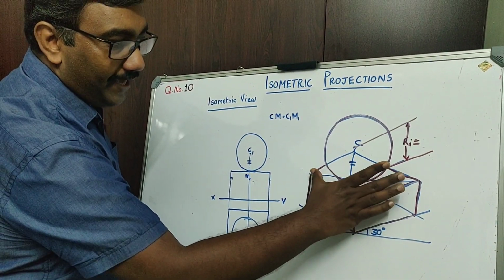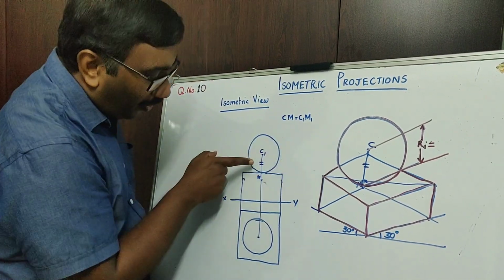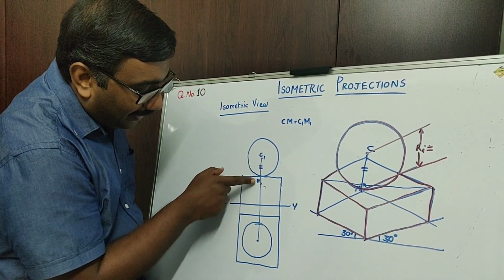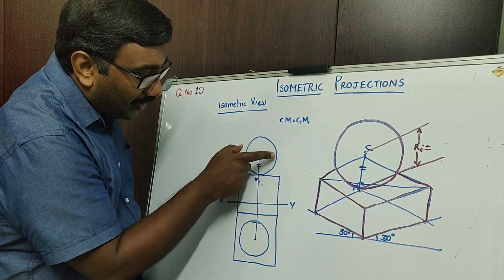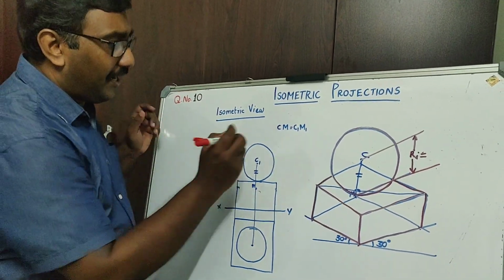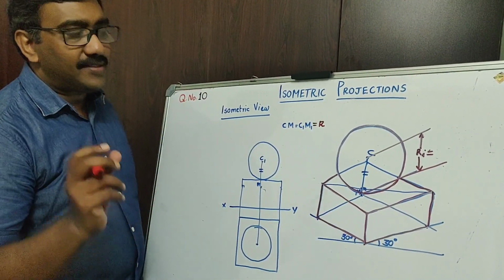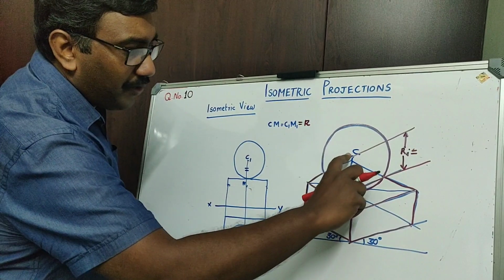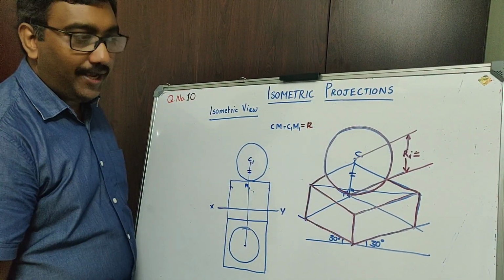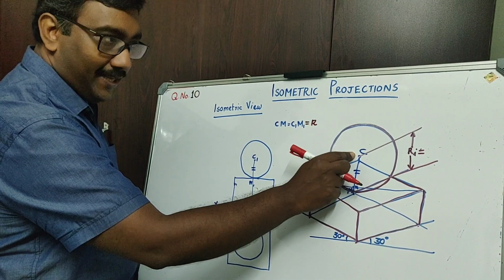From there, you are using C1 M1, that is the radius of this particular sphere. Radius of the sphere, the actual radius of the sphere. I am marking it as capital R, which is the actual radius of the sphere that you are using here. Okay, then you found point C.